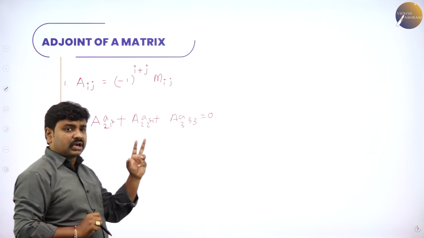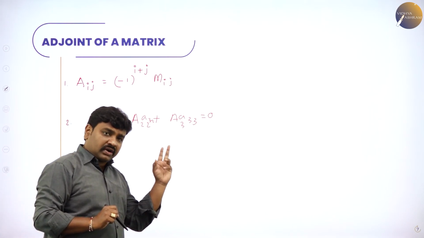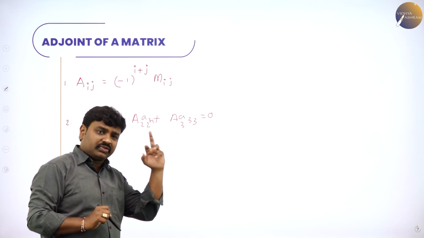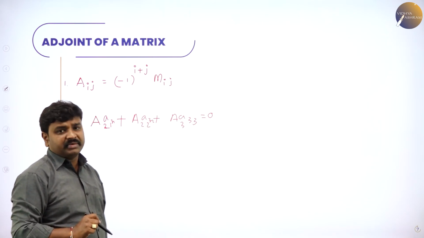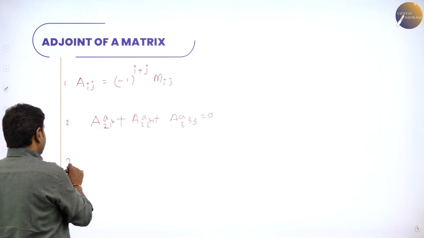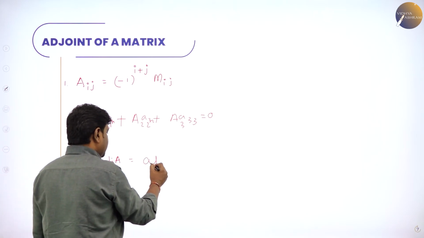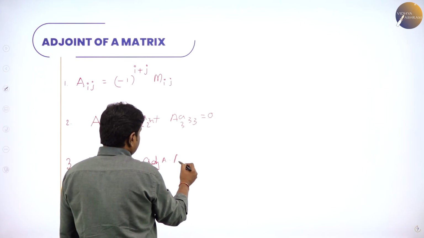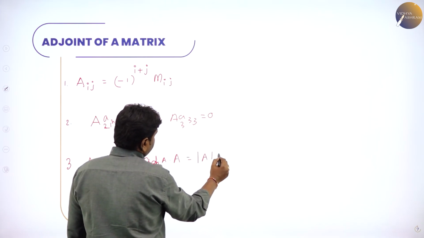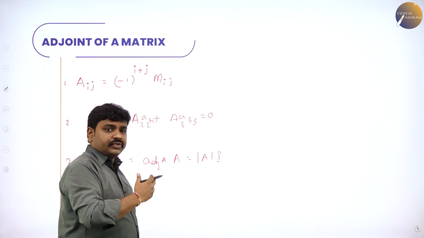Then we also studied that A into adjoint A, or adjoint A into A, is exactly equal to determinant A into I.